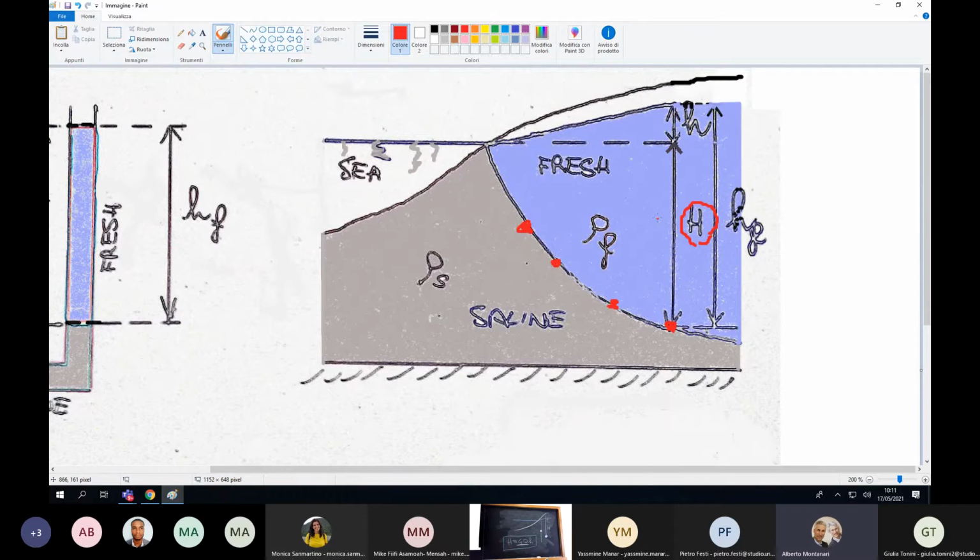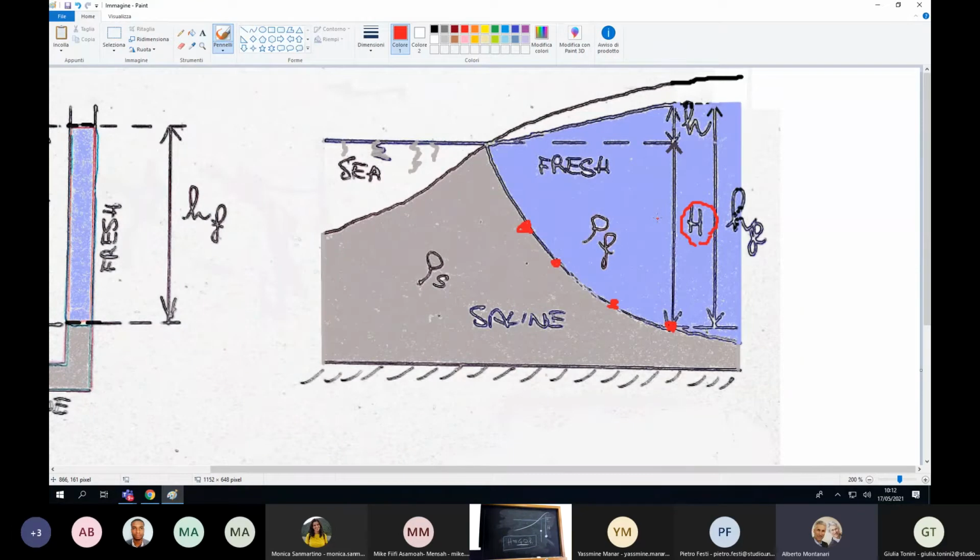And then, when the storm passes, fresh water comes back, pushing the salt water back into the ocean, but meanwhile you get some salt in your wells, in your underground, and it takes a long time to recover.